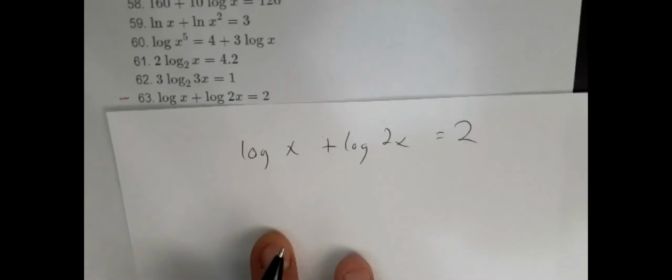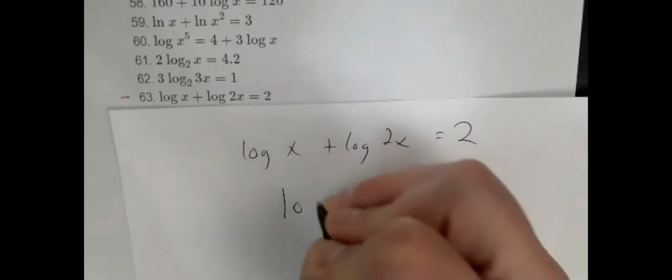Okay. 63 and 67. So I gave you a little bit of a hint, but what do we have to do to log of x plus log of 2x? We have to combine them somehow. How do these two things combine?